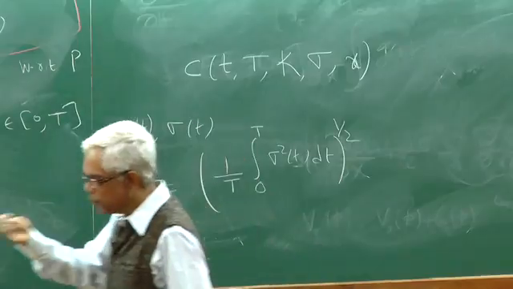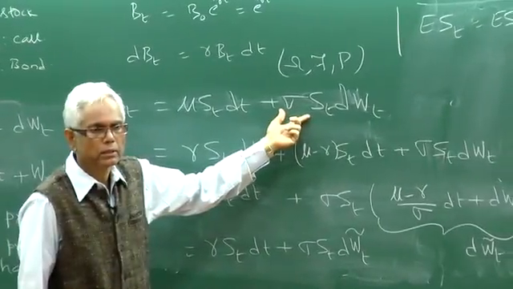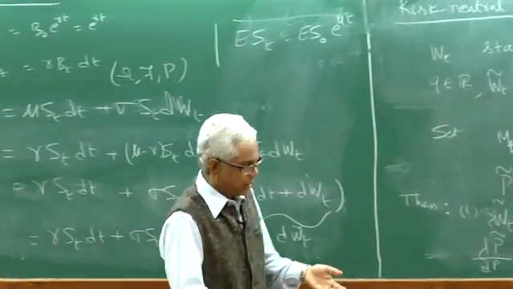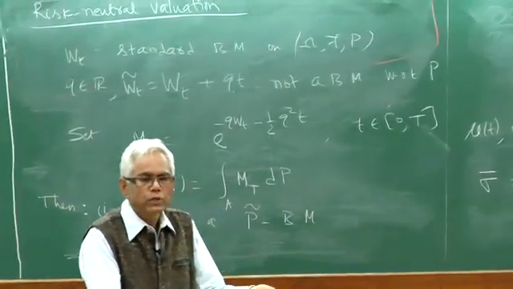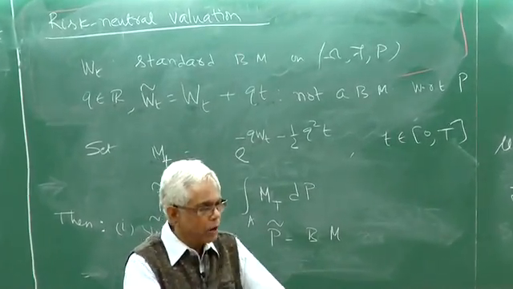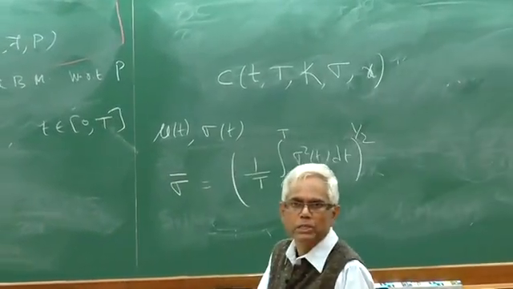Now you can go one step further. You can say that my return is also stochastic. My volatility is also stochastic. Now whenever we say stochastic, it depends on which filtration, right? If it is a stochastic process, how do you know that stochastic process? By which observation, by which information space?